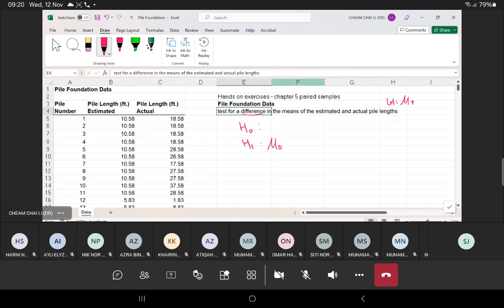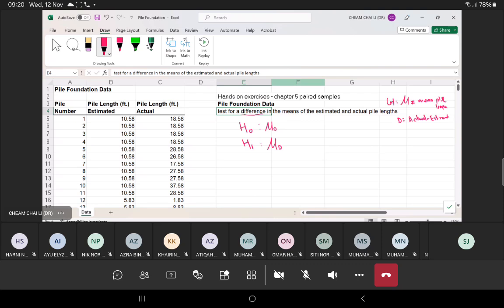So mu equals mean power length. Right? Power length. Okay. So the difference here, you boleh guna the actual tolak dengan estimated ke, atau estimated tolak dengan actual, right? So you have this mu d.